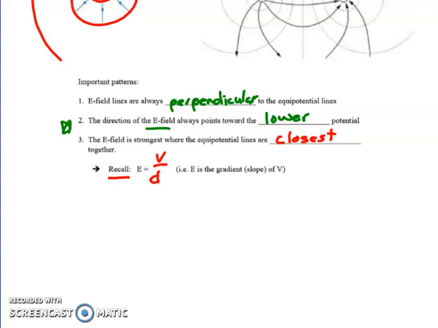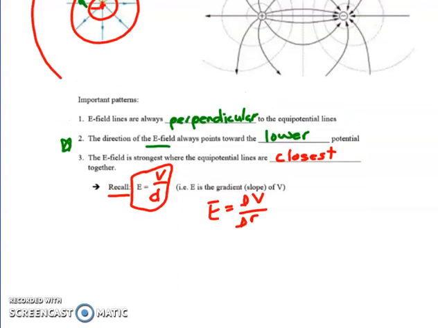If we generalize this equation, E is the gradient, or the slope, of V. In other words, it's the change in voltage as a function of position, not time.